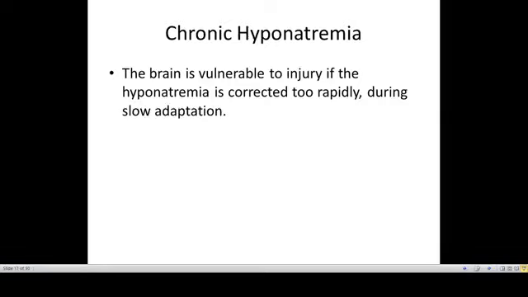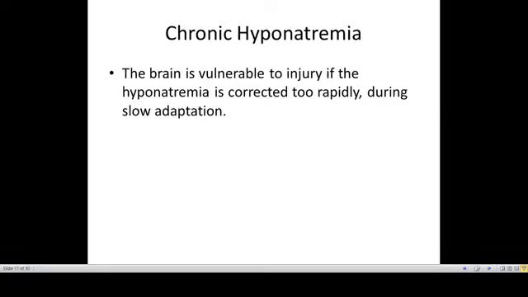The reason is, if hypertonic solutions are added too rapidly to correct hyponatremia, brain cells cannot recapture the solutes which had diffused out earlier during slow adaptation.